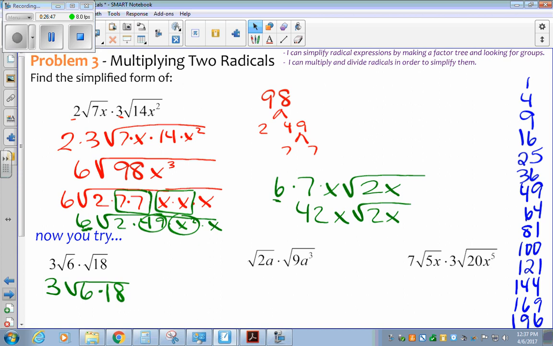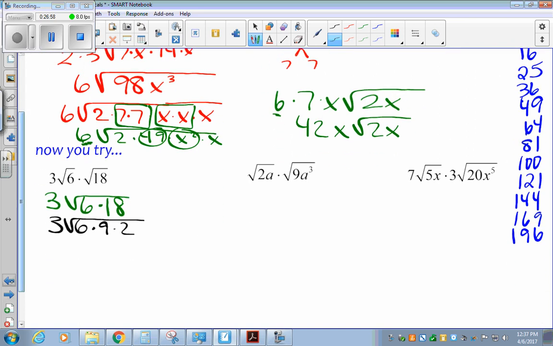So I know that 9 is a perfect square that lives inside of 18. Six breaks up into 2 times 3. I'm going to leave the 9 kind of on the end. So 6 is this 2 times 3. 2 is going to partner up with the 2 from the 6. So now we're going to start sharing factors.